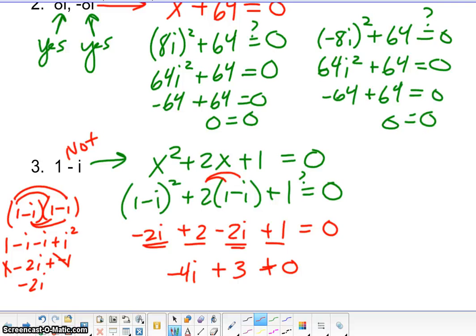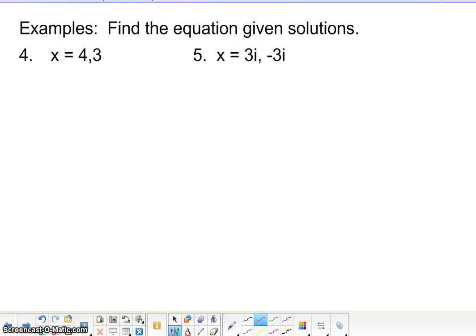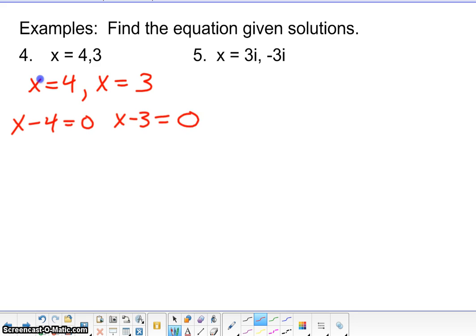Now we're going to reverse, and I'm going to give you the solutions, and you have to find the equation of it. So in order to do this, we're going to write out what they give you. x is going to equal 4, and x is going to equal 3. Well, we're going to set both of them equal to 0, because by doing this, it's creating the factors of our equation.